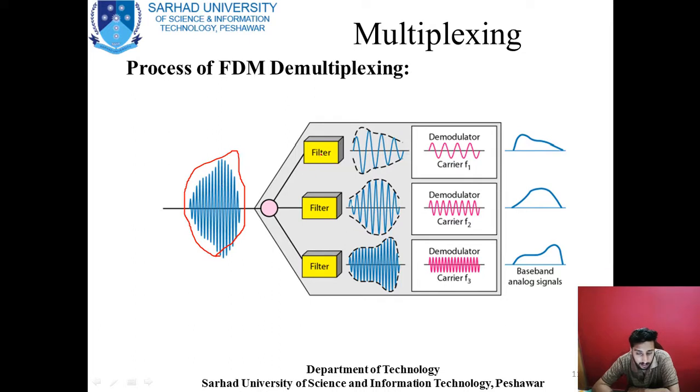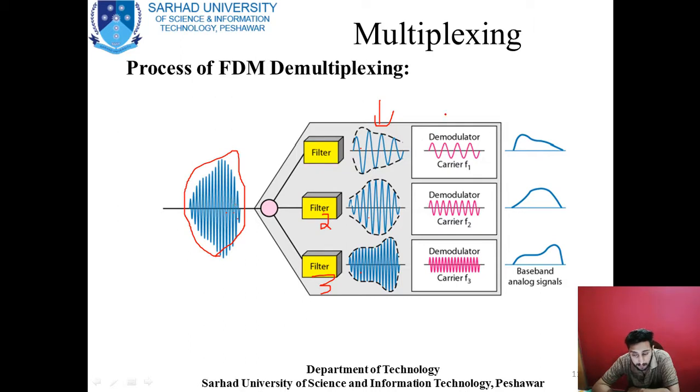So this filter will be taking out this signal from this signal, and filter 2, let's say, will be able to separate this signal from this signal, and filter 3 will perform the function of separating this signal from this signal. Now you have three signals that are separated from a combined signal.